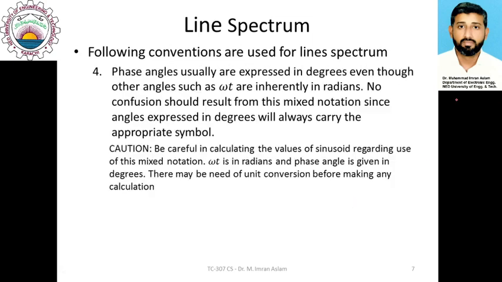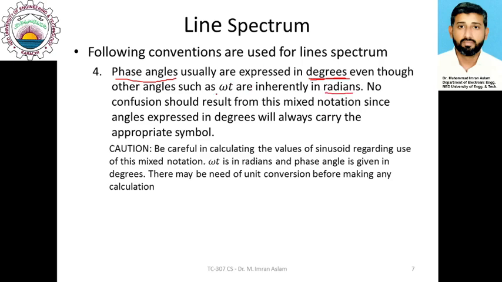The fourth important convention is related to the units that we use for the phase angles. Generally the phase angles are expressed in degrees. So whenever we talk about the phase angle, we represent the phase in degrees. However, you should note that other angles in the system are in radians.